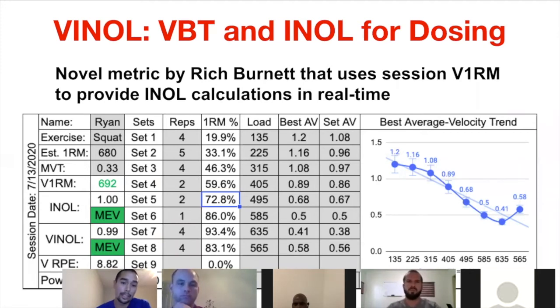We set his minimum velocity threshold to 0.33. You see the MVT on the left there? That's something you want to play around with when you have the sheet. You can make it 0.31, 0.28; it depends on the device that you use. Some devices are slightly slower or slightly faster, like the Tendo versus the Push band, for example. You might have a discrepancy there.